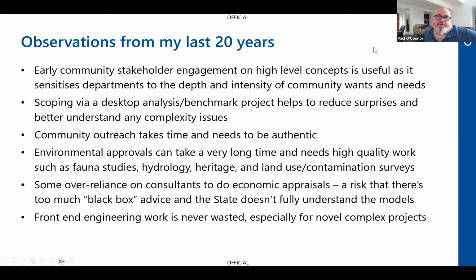And one thing that I've observed, and it goes back to these benchmark projects, is that front end engineering, FEED, as it's often called, or front end engineering design, is, in my view, never wasted, especially for novel and complex projects.